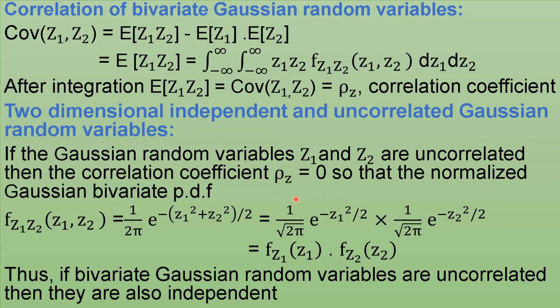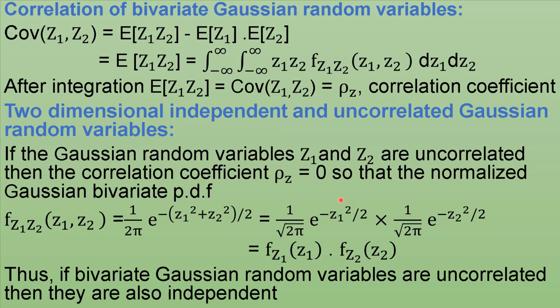And if we see this expression, 1 by root 2 pi into e power minus z1 square by 2, for a single normalized Gaussian random variable, the probability density function is 1 by root 2 pi into e power minus z square by 2.